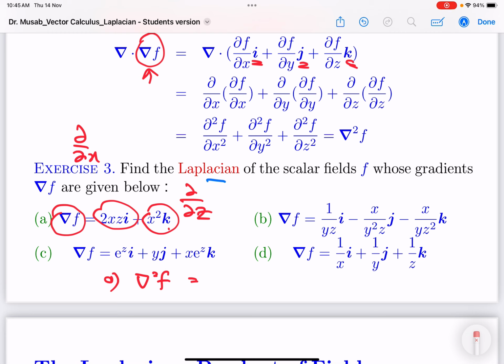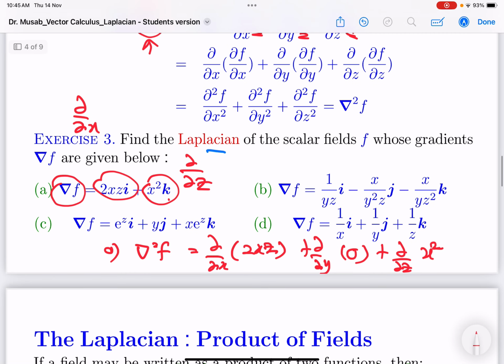So the partial derivative on the x component is this equation with respect to x. For the y component there is no j, so we just put 0. For the k component, which is the z component, we have x squared, so we again do a partial derivative and get the definite answer.